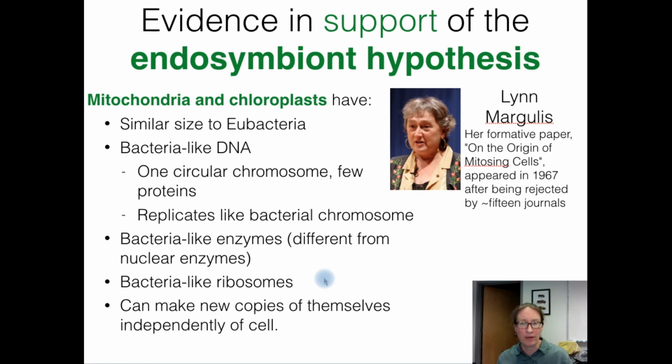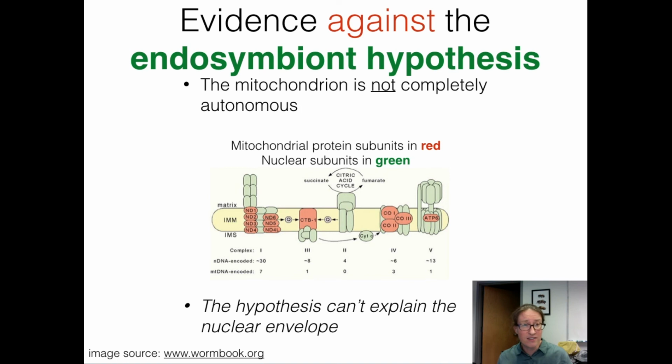Again, we're going to see more about that coming up. Okay, so that all sounds pretty good for the endosymbiont hypothesis. But there are some important caveats, and there's some important evidence that does not support it. So in reality, in many respects, the jury's still out on how eukaryotic organisms came about.